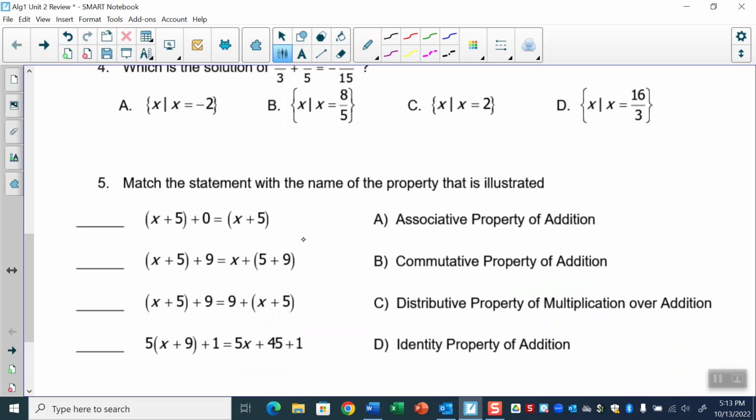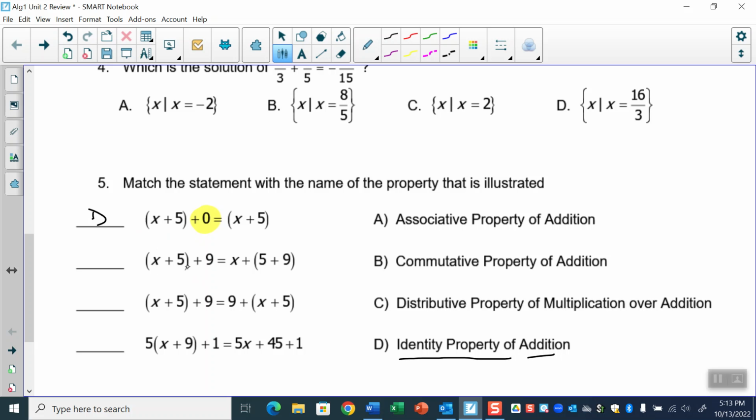Looking at number 5, I'm doing the properties here, and notice here I've got x plus 5 and I'm adding 0. The key thing here is I'm adding 0, and then I get x plus 5 on the other side. So if I'm adding 0, that would be the identity property for addition.